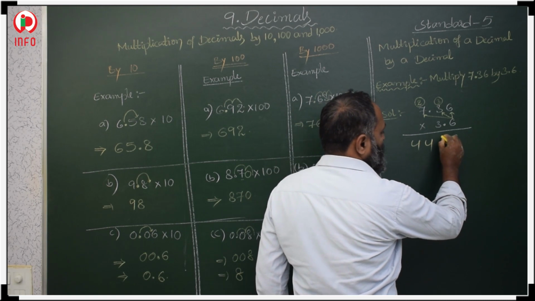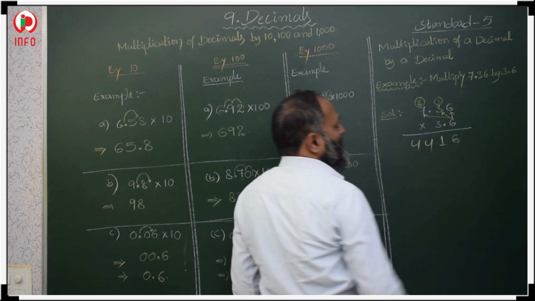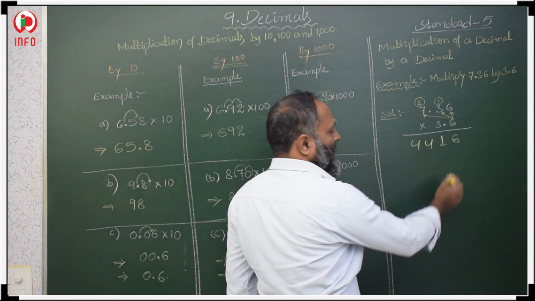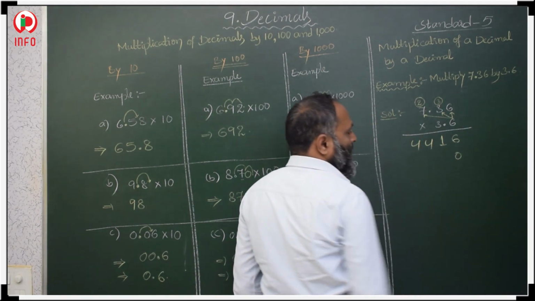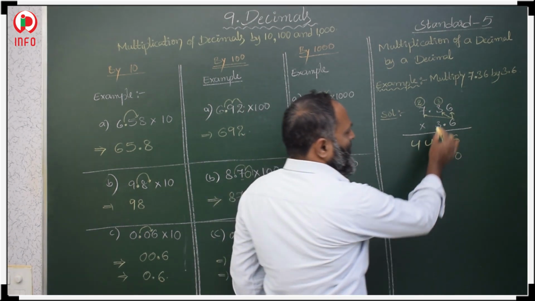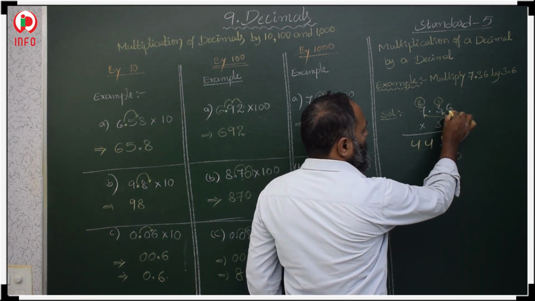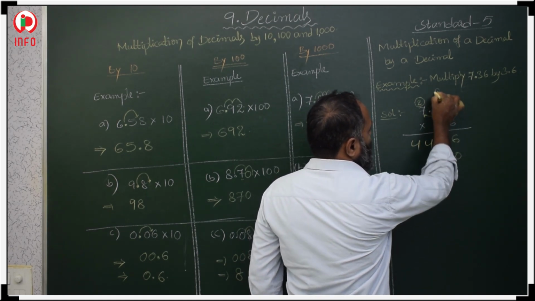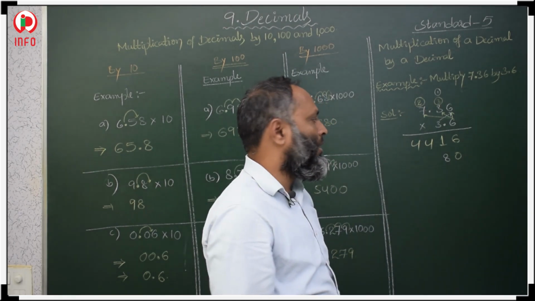Then after that, start our multiplication with 3. At the very beginning we should keep 0 here. Now start multiplication with 3. 3 sixes are 18, carry over 1 on 3.